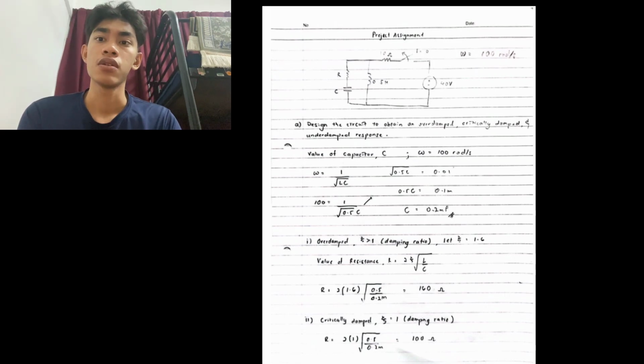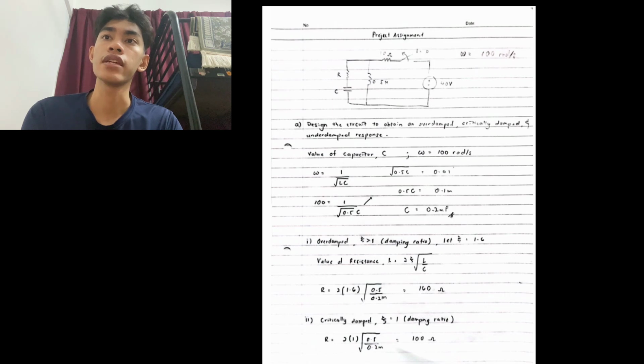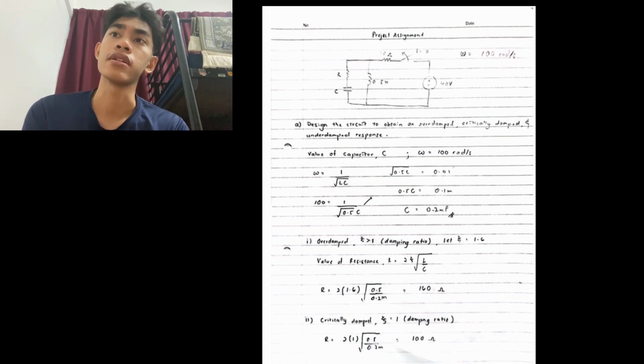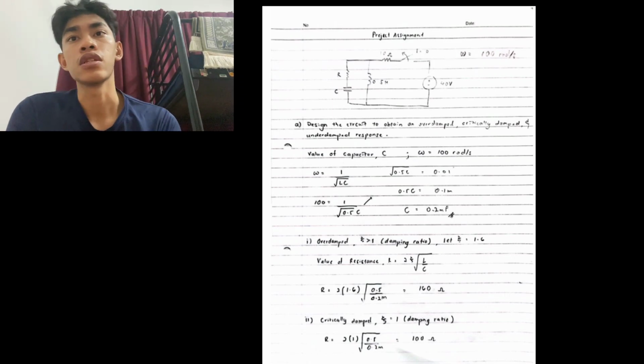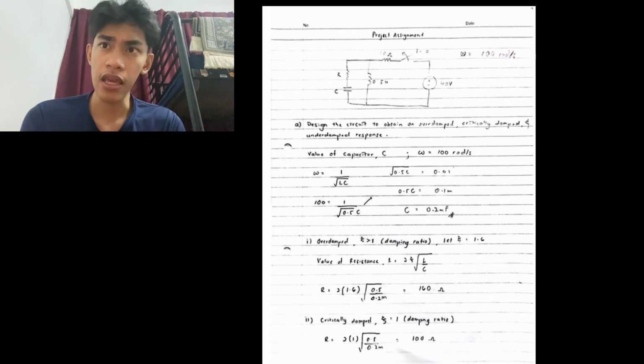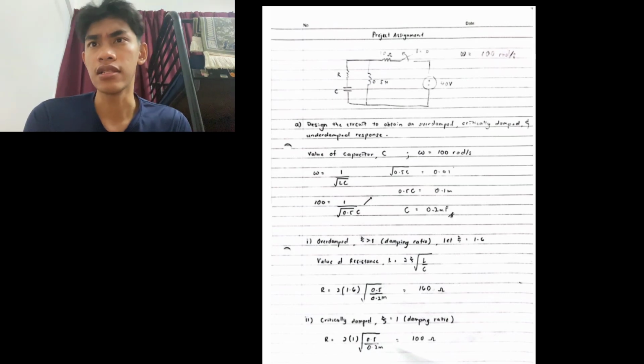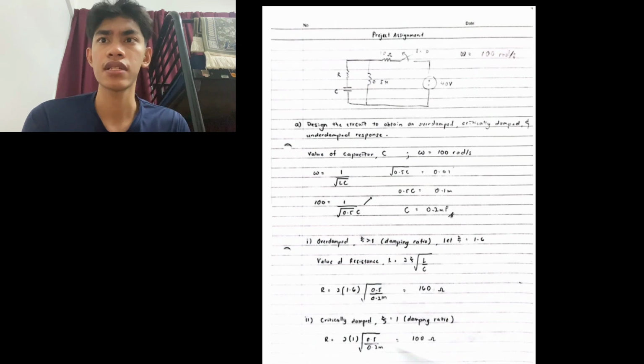We insert omega, which is 100 radian per second, and the inductance, which is 0.5 Henry. After the algebra, we find the capacitance is 0.2 millifarad.